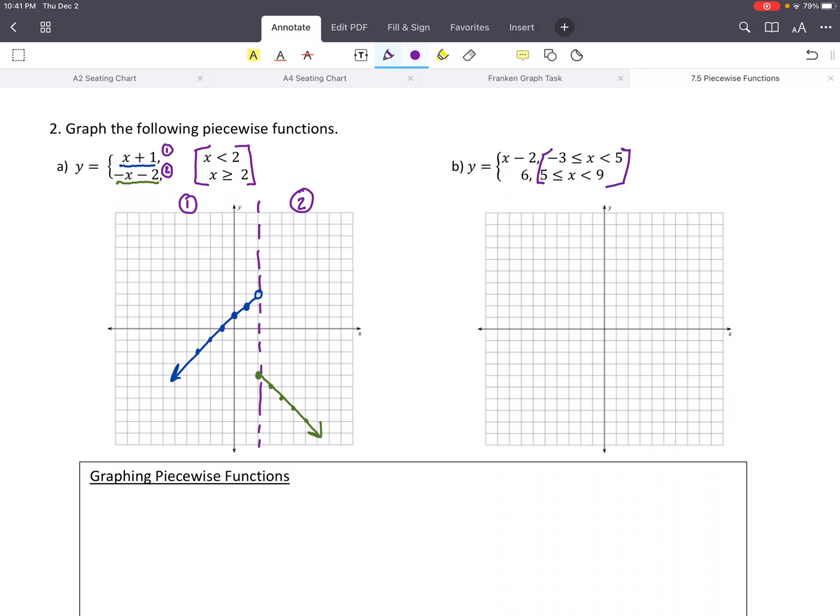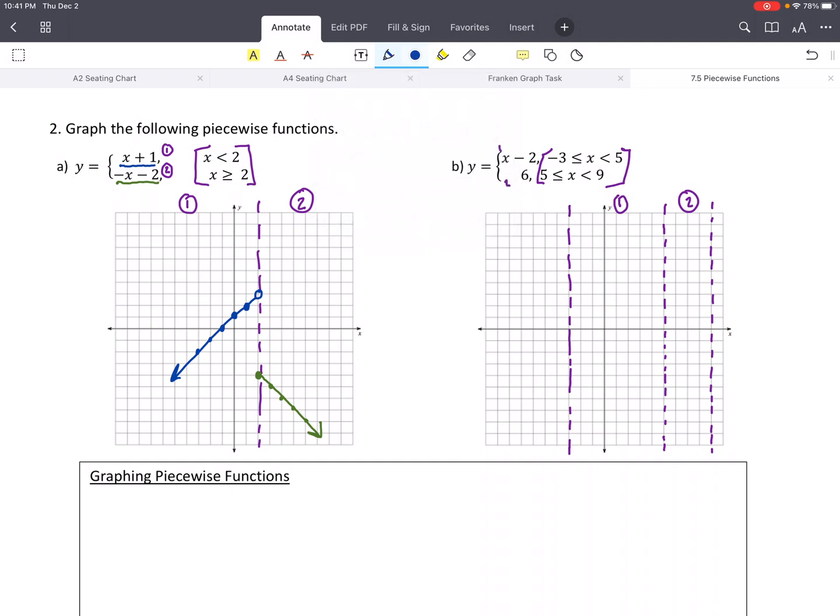So I'm going to look at negative 3 to 5. 1, 2, 3, 4, 5. And then the second piece is 5 to 9. 1, 2, 3, 4. All right, and in here we have sections 1 and 2. Section 1 is between negative 3 and 5. Section 2 is in between here.